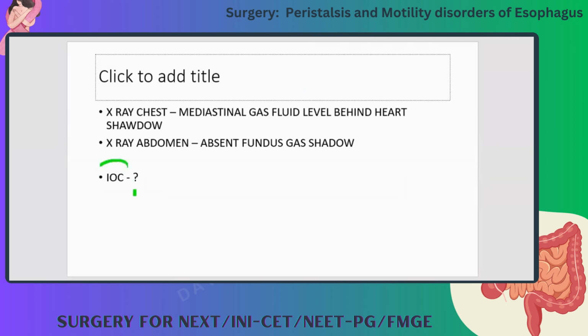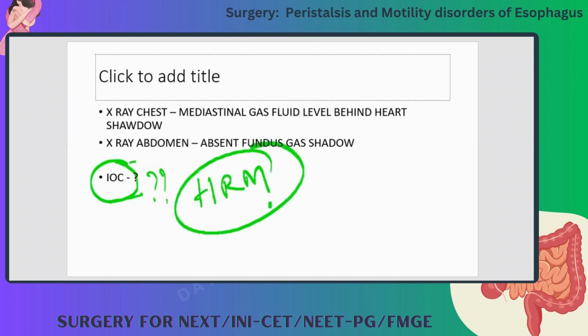So, what is the investigation of choice? Not barium swallow. I am asking you the investigation of choice. Endoscopy? Manometry. Yeah. High resolution manometry. This is the investigation of choice. See here, this is the esophagus, this is the stomach.